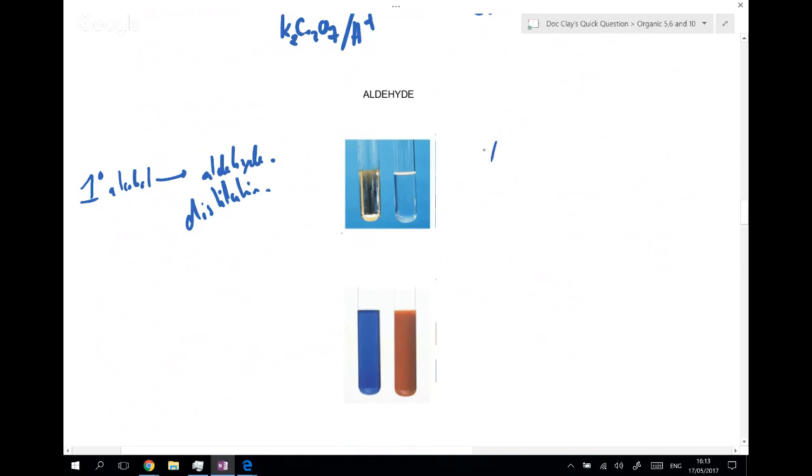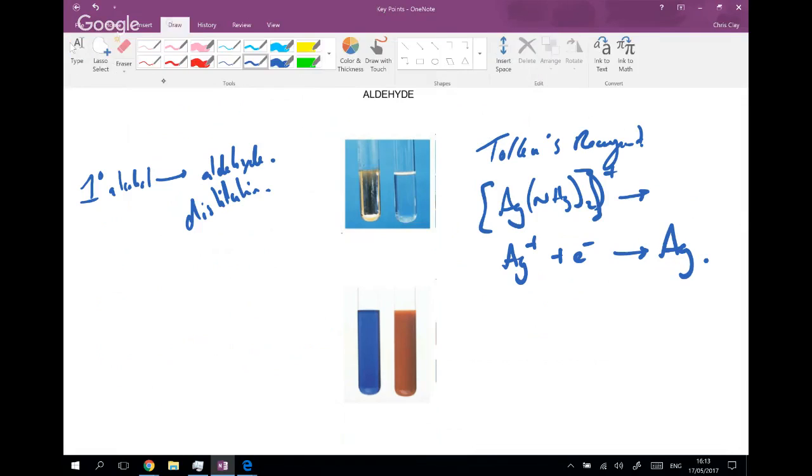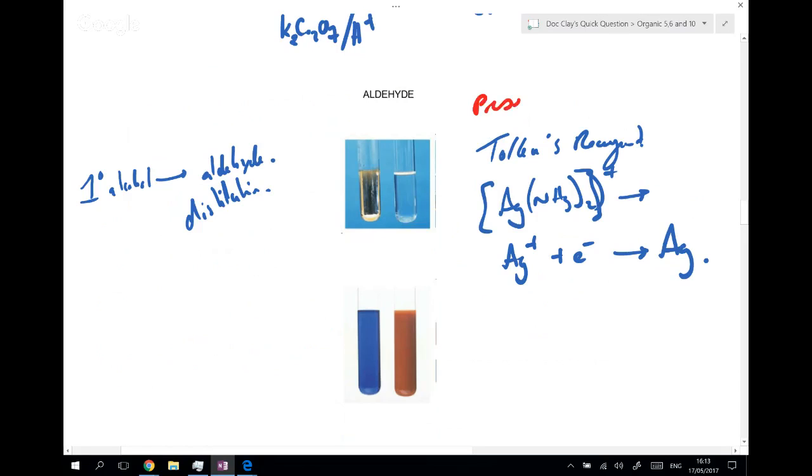We've got the Tollens reagent, which you need to be aware of, Ag(NH3)2+, which goes forward to form, and essentially we get the reduction of the Ag+ plus an electron to form our silver mirror. That is importantly here, in the presence of an aldehyde. So these are both tests for aldehyde.